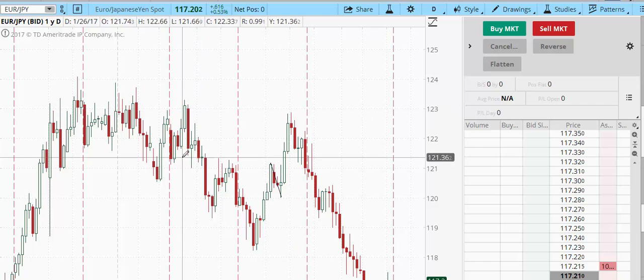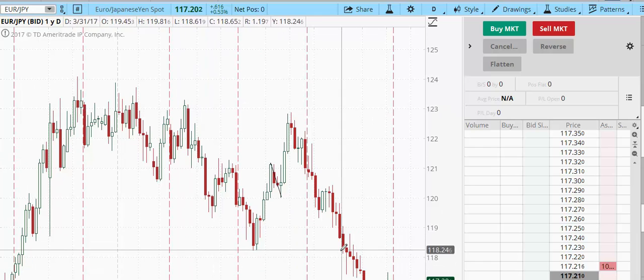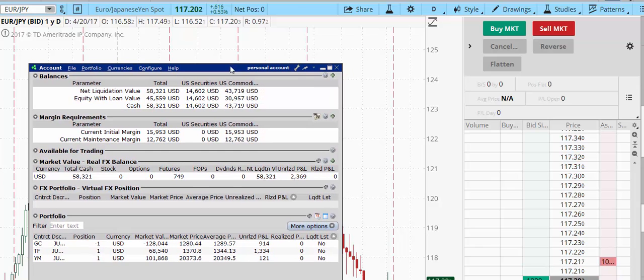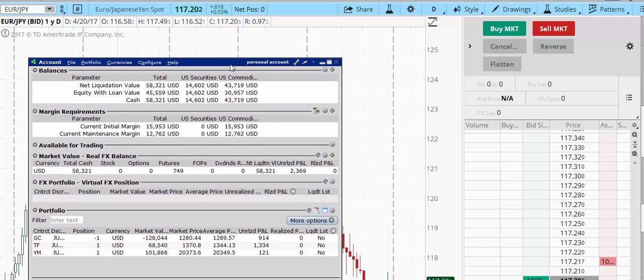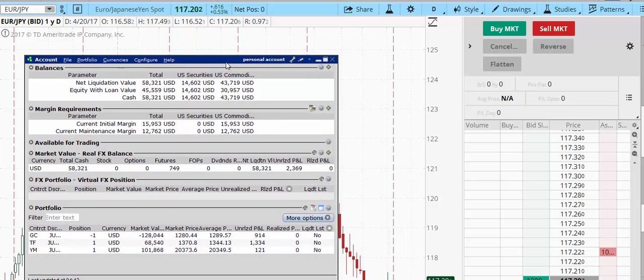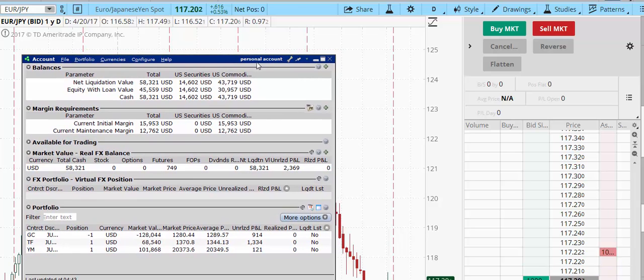So let me show you what's going on right now, at this moment. This is an example of somebody who's been trading for a while. And here's one of several accounts that I deal with, and of course this is a personal account.